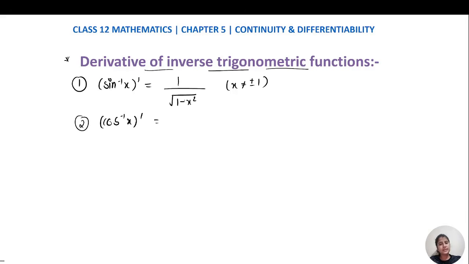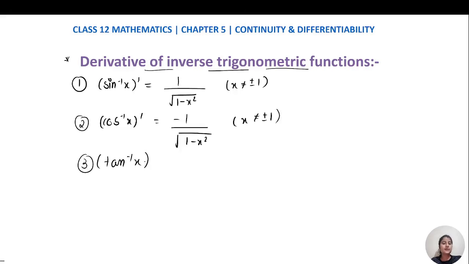It is the same as sine, just change the sign, that is minus 1 upon root of 1 minus x square, where x is not equal to plus minus 1. Now the last one, these three are important only, because if you know these then you can easily find the others also. That is the derivative of tan inverse of x, which is nothing but 1 upon 1 plus x square. Okay, they are the required derivatives of inverse functions.